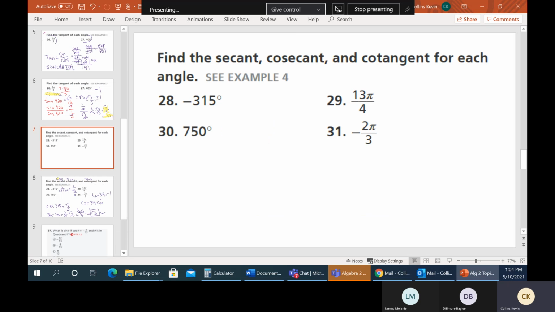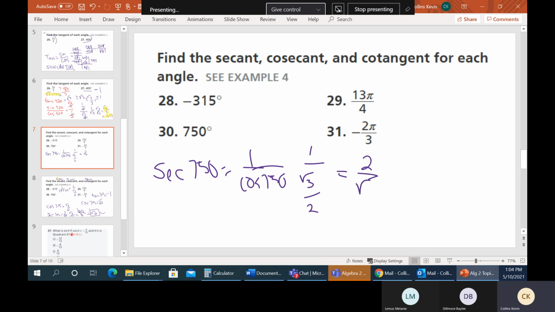So here's the thing. The secant of 750 is the same as saying 1 over the cosine of 750, and we figured out the cosine is the square root of 3 over 2, which again just means flip it over. So we've got 2 over the square root of 3.